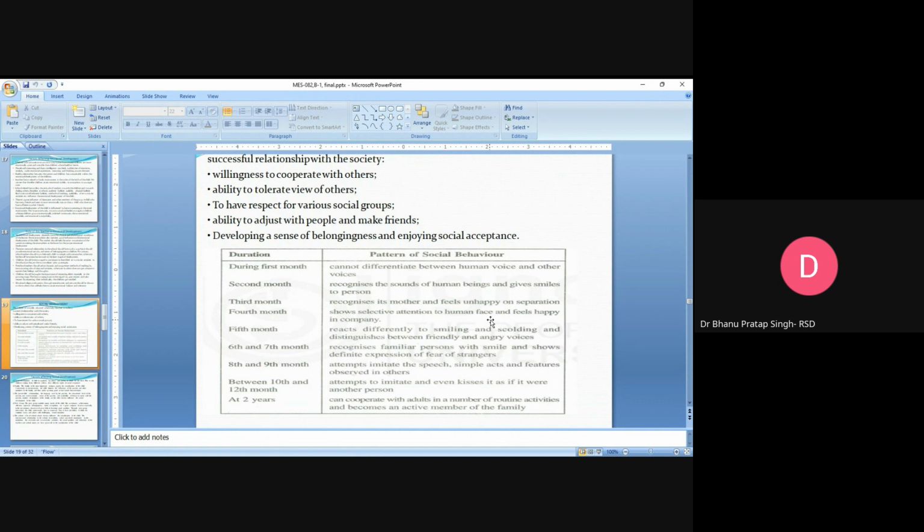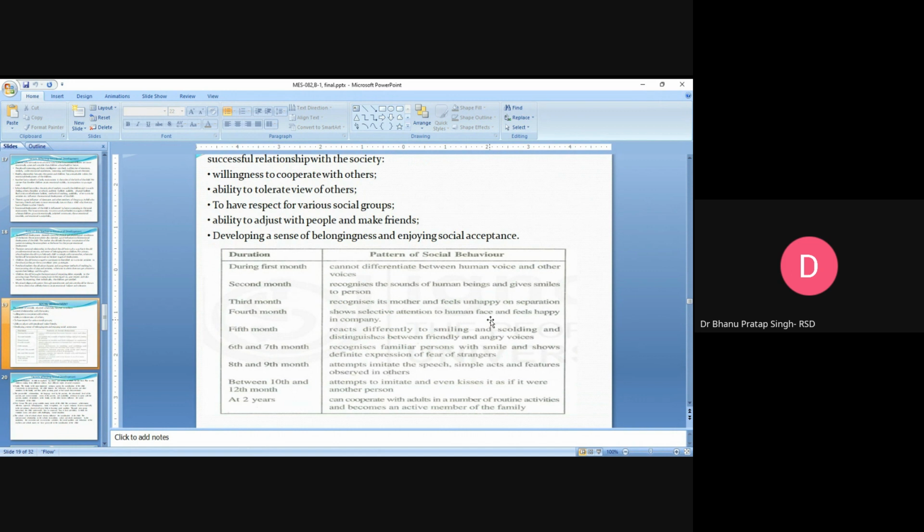At 6 and 7 months, recognizes familiar persons with a smile and shows definite expression of fear of strangers. At 8 and 9 months, attempts to imitate speech, simple acts and features observed in others.